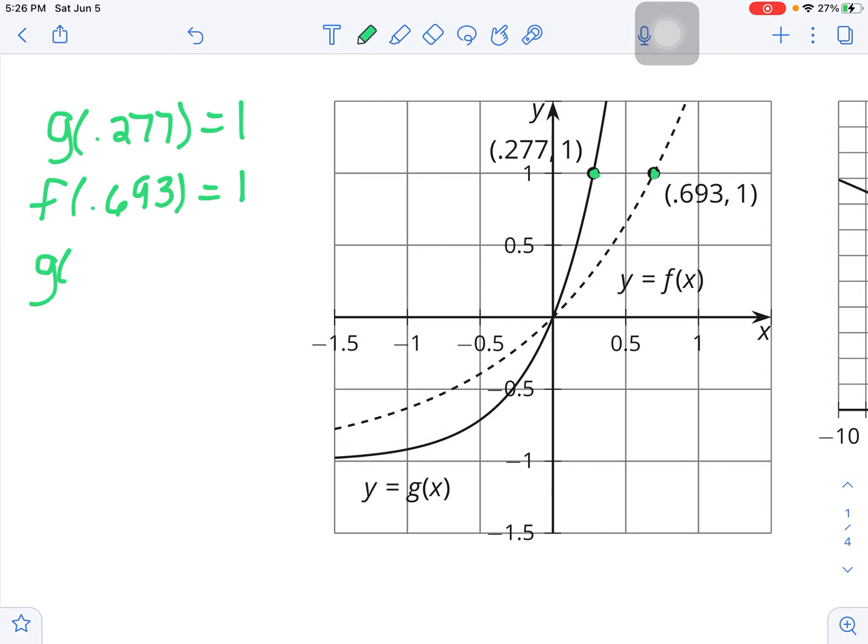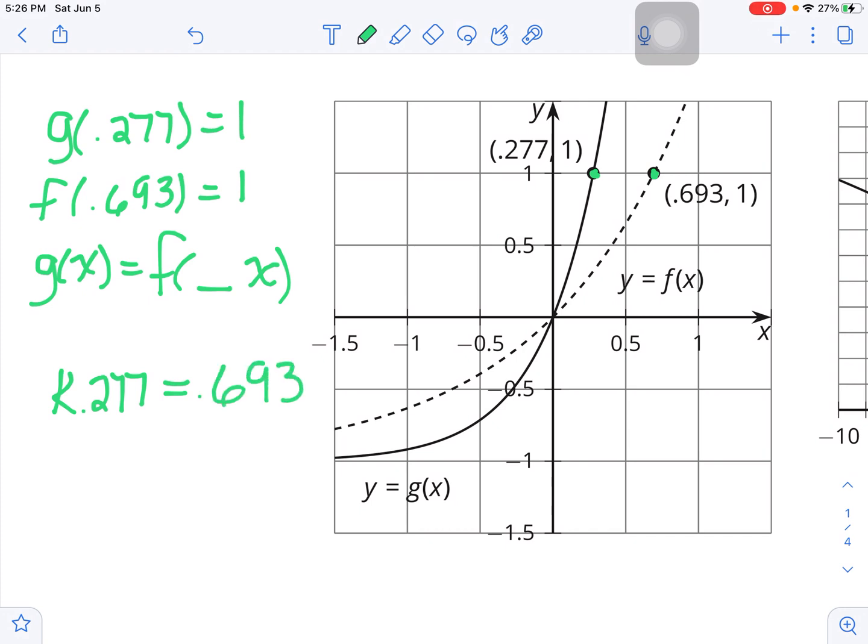So in order to write g of x in terms of f of x, we need to use some multiplier there, k, and if we write these in terms of the output 1, I need to find a value k so that when I put 0.277 in for x, I'm going to get 0.693 because that's the value for the function f of x that gives you a 1.